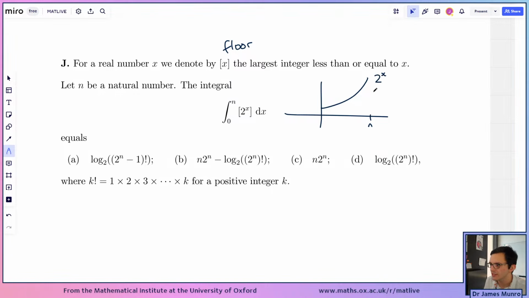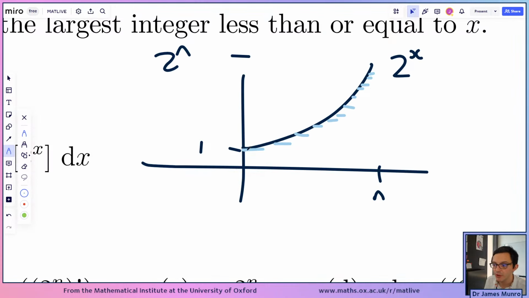So this is 2 to the x, and it goes all the way up to 2 to the n. And when you come and do the floor of that function, you're taking the largest integer that's less than or equal to that function at different points. So you'll get these kind of steps where I'm rounding it down. Maybe for quite a while it rounds down to 1, and then at some point it rounds down to 2, at some point it rounds down to 3.